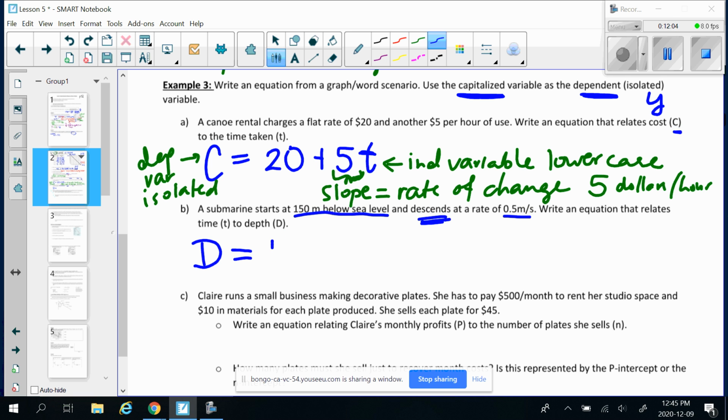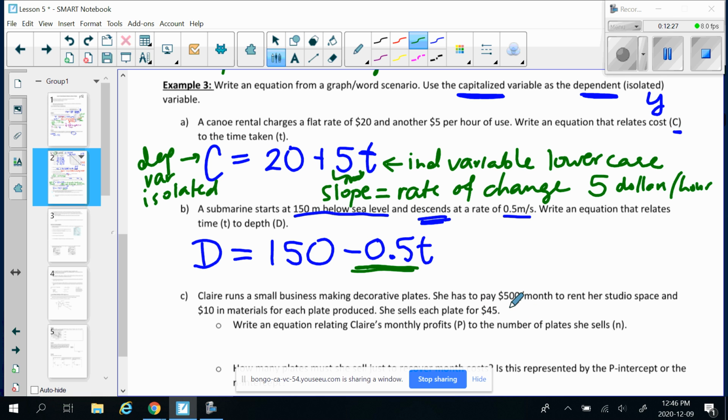So we start at 150 meters, and then we're descending at a rate of 0.5 meters per second, every second. Now, I didn't put the units in the equation because we normally do not. But keep in mind, this is the rate of change, and it is the slope. And I used a minus because we're descending. We're going down, down, down.